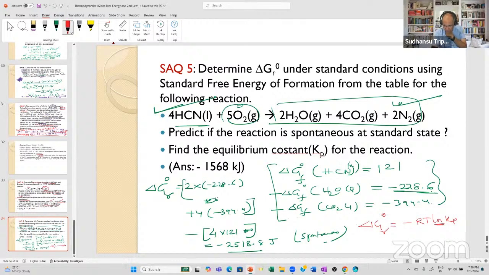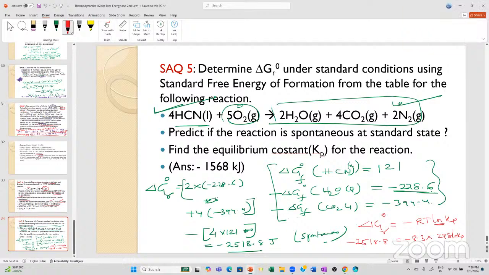Del G naught you have found, 2518.8, is equal to minus 8.3 into temperature. The standard state is 298, and you have to find ln Kp, then take the anti-ln, or else you can make it log. Can you find the anti-ln? Sir, I am using a calculator, so I can.